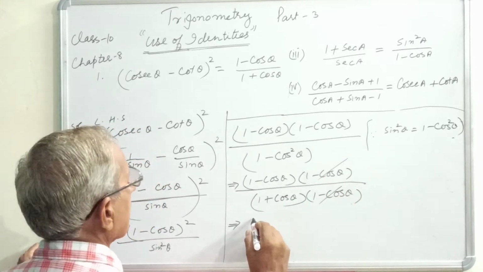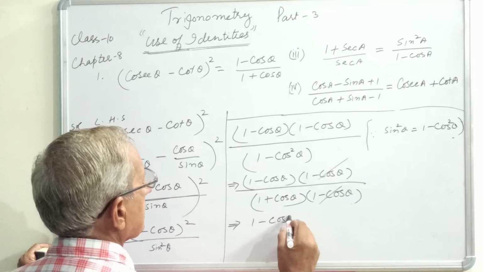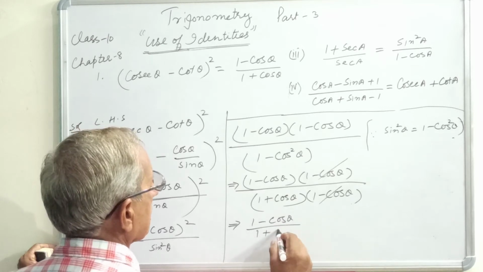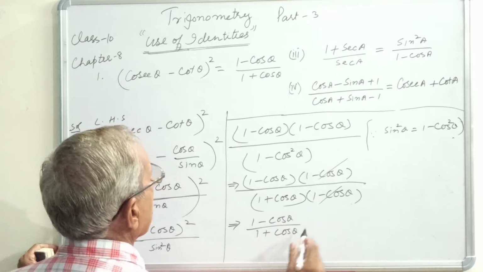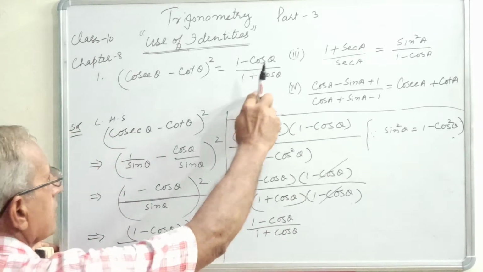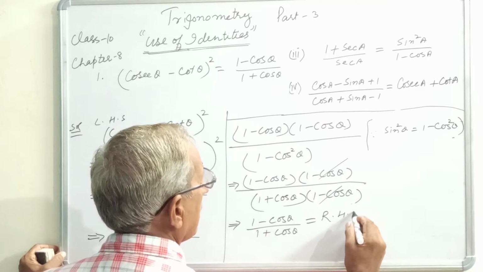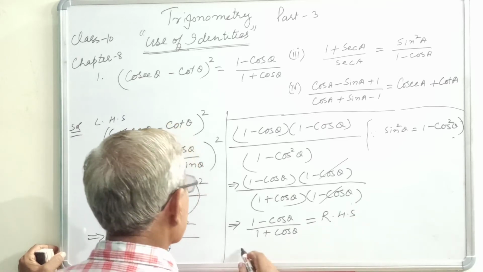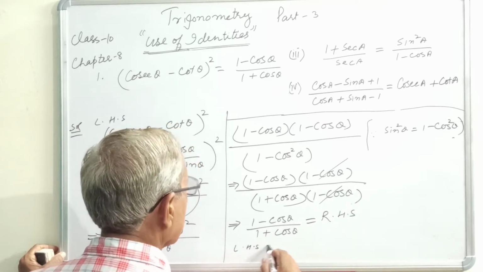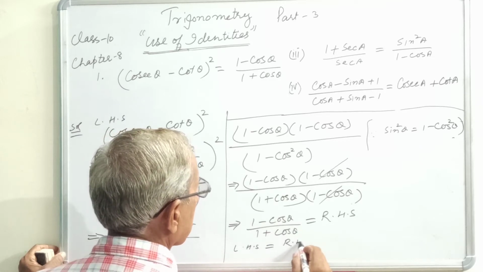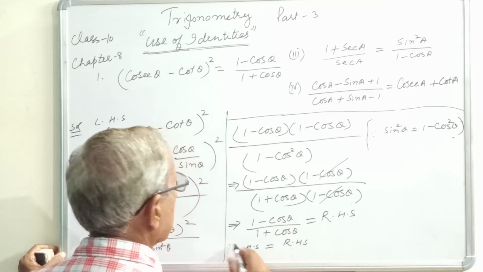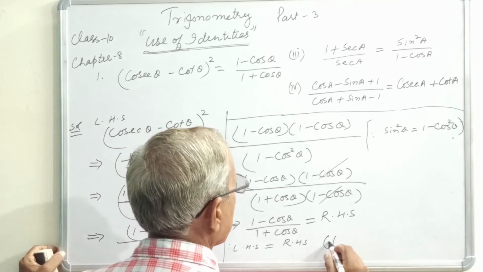We have got (1 minus cos theta) upon (1 plus cos theta), and that is the right hand side. So the left hand side equals the right hand side. Hence proved.